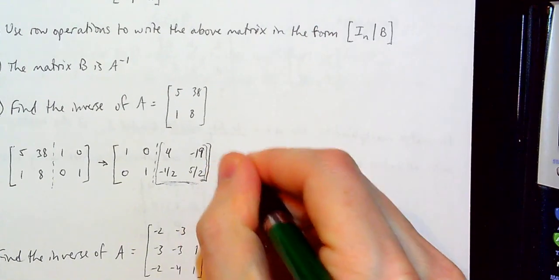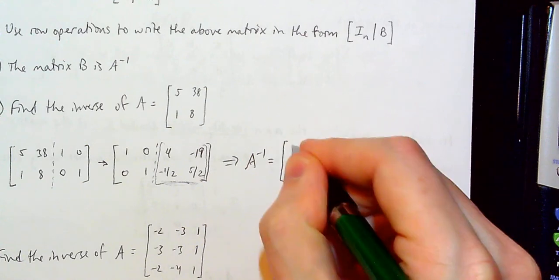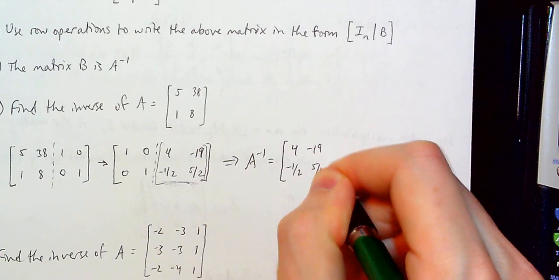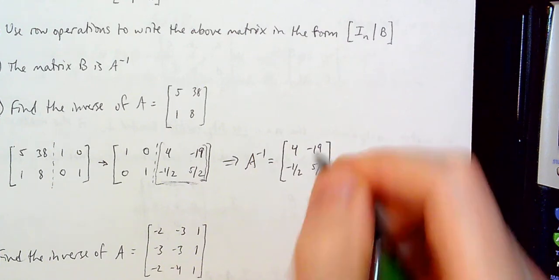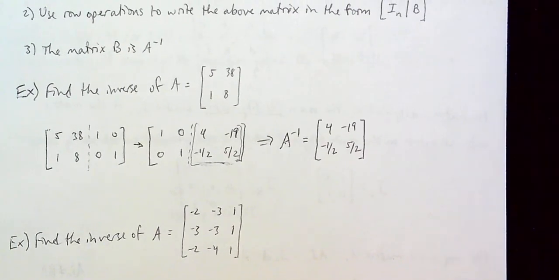So this means that A inverse is equal to 4, negative 19, negative 1/2, and 5/2. So there we go. That's how we do the 2x2.